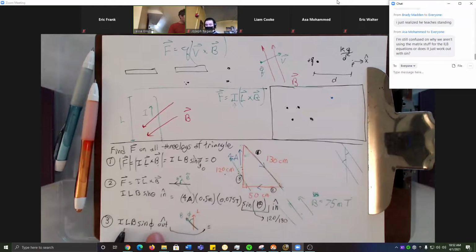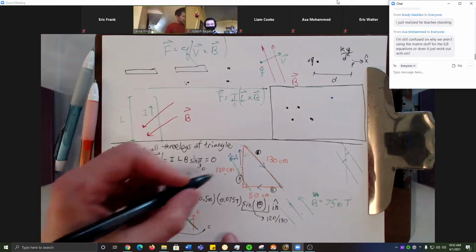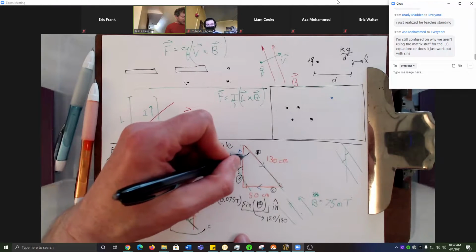Okay, so other questions on this or this angle before we finish? Okay, so it's I L B sine phi, out. So we need sine of this angle, which is the same as sine of that angle.